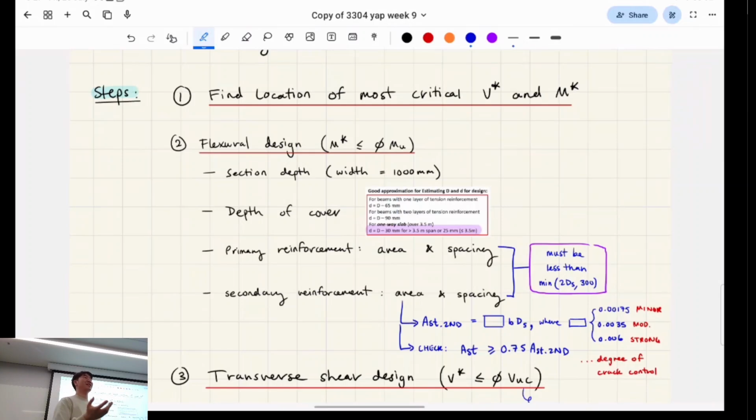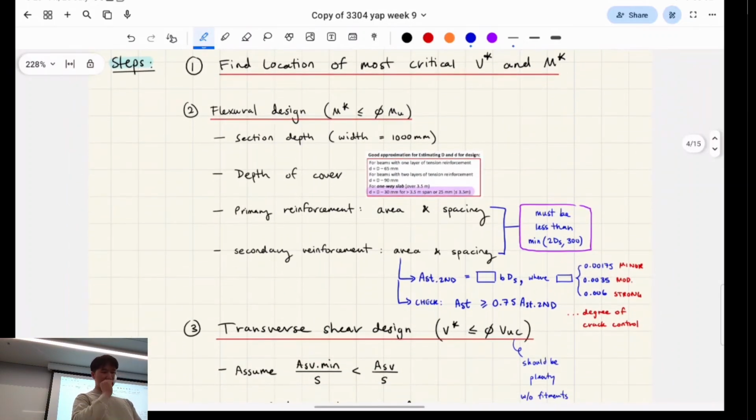Actually, in the question that's provided, they just tell you what slab depth to start with, so you don't need to guess the slab depth. The width for a slab is always 1 meter because you're designing per meter. In the question I'm going to show you, we're going to start with flexural design because we want to find the area of reinforcing steel that we need in the primary direction and then the secondary direction, right?